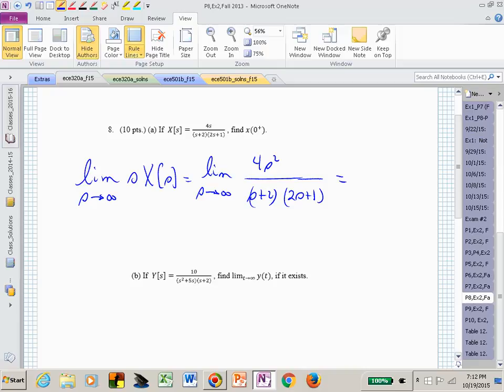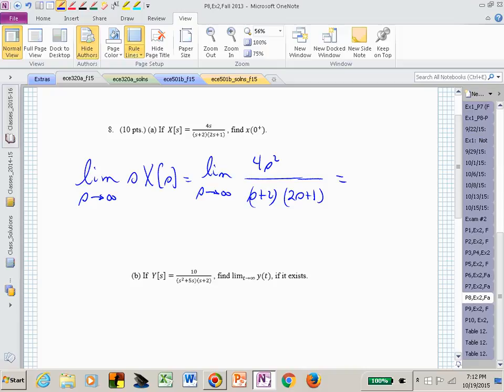And now what you want to do is key in on the coefficients of the highest powers of s. And now what's your numerator? It's a second order. What's your denominator? Second order and the highest.